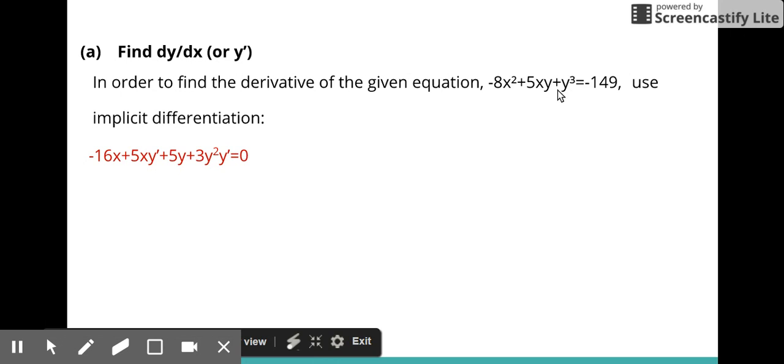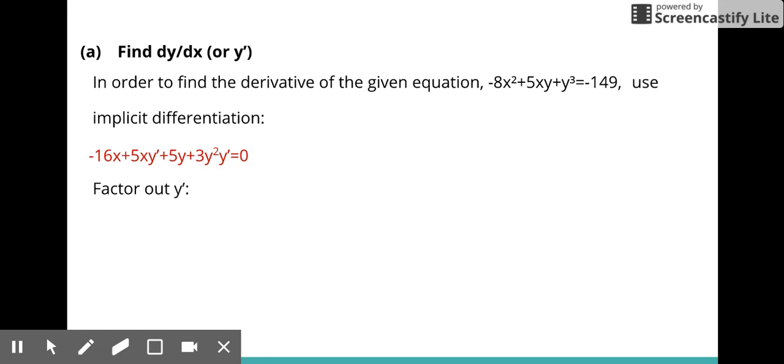The 3 comes down as the coefficient, 3 minus 1 equals 2, so it's squared, and we multiply by y prime, and it's going to equal 0.